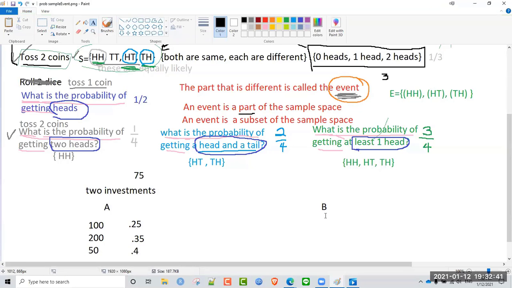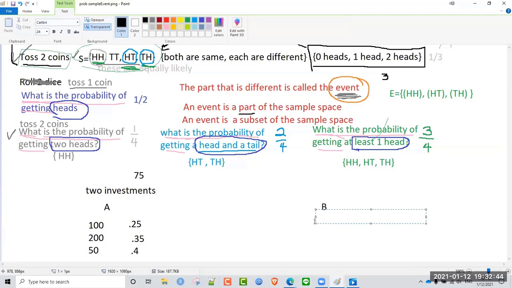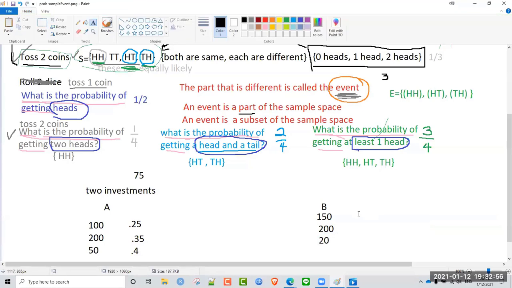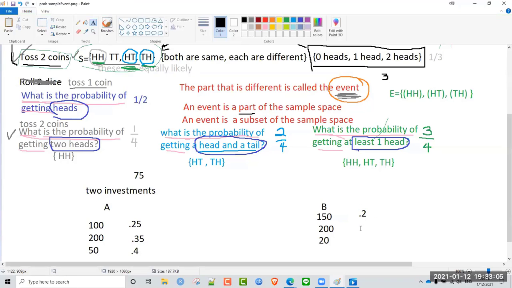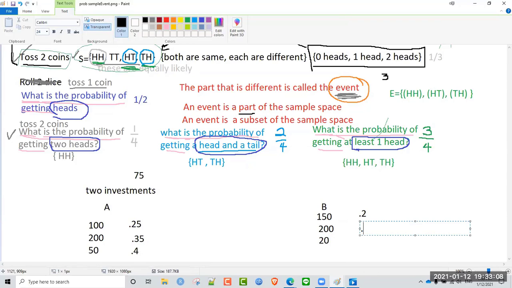And then we have another investment, and let's say it can go up to 150 and 200 and down to 20. The analysts' average estimation is that there's a 20% chance it'll be this, a 20% chance it'll be this, and what is left over, a 0.6 chance that it will be this.